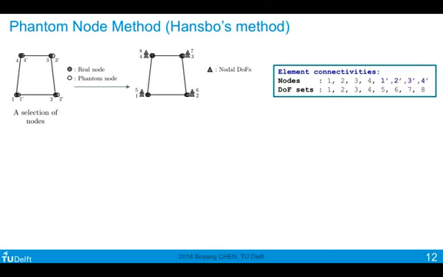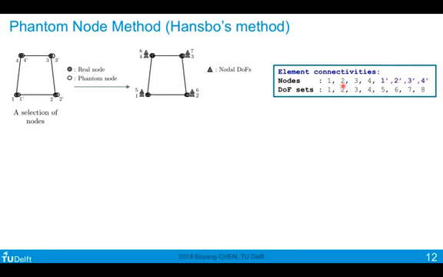A popular variant of the extended finite element method with Heaviside enrichment is the so-called phantom node method, or sometimes called Hansbo's method, because it is Hansbo who invented this method. Similarly, as in the XFEM, we have the element defined as a selection of nodes, and also we have additional degrees of freedom.